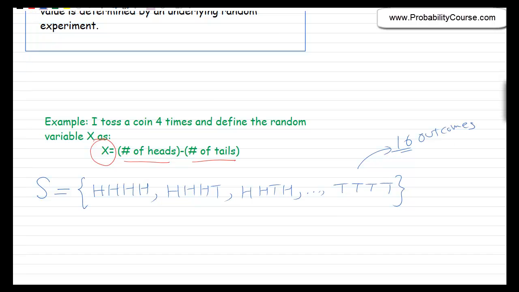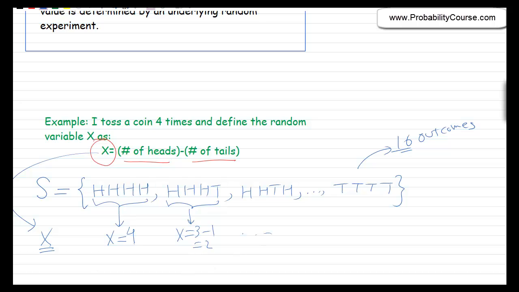And now what I am interested in is the number of heads minus the number of tails, and that's my random variable x here. So I can say that my random variable x assigns values to each possible outcome. For example, if this is the outcome, x is going to be what? Number of heads minus number of tails. So there are 4 heads, no tails, so 4 minus 0 is going to be 4. If the outcome is this thing here, then x is going to be 3 minus 1, which is going to be 2, and so on.